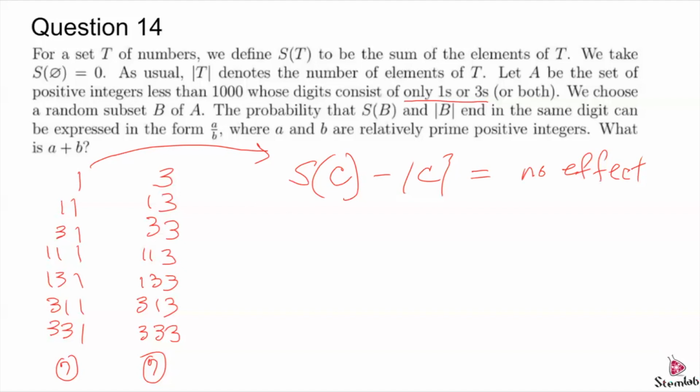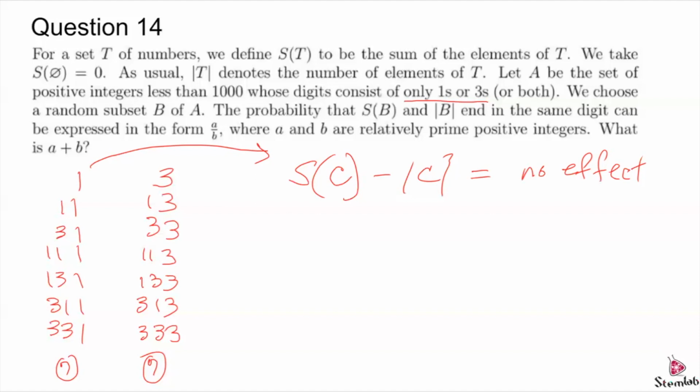If it's not equal, then the units digits of both the sum and the cardinality increment by 1. Yes, there's a corner case where a 9 goes to 0, but mod 10 it's still the same.